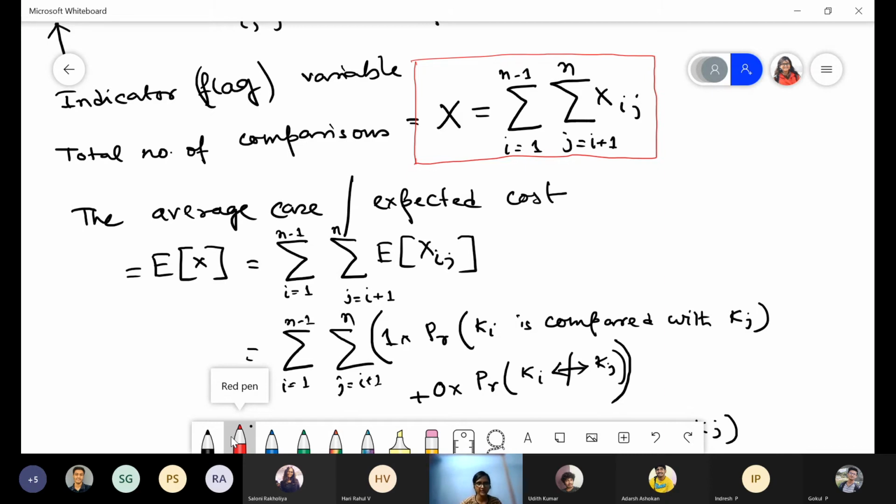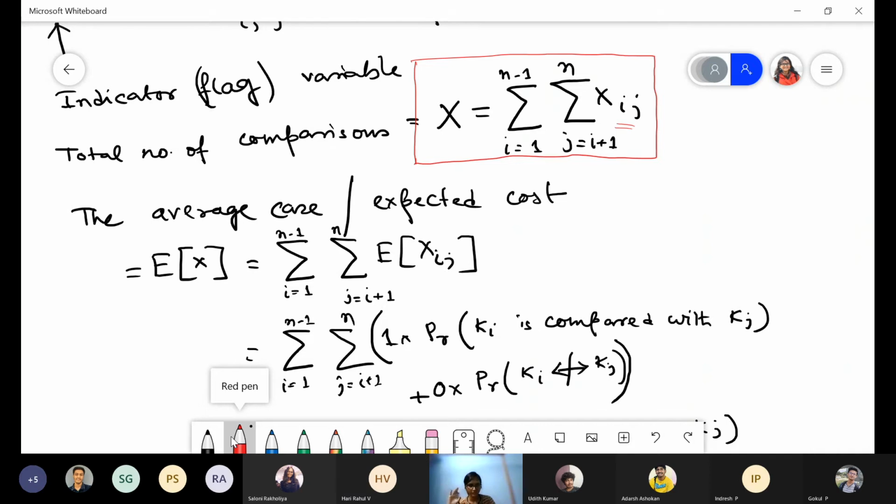Now, as Xij is a random variable, we have taken a random distribution of inputs. So we have to take the expected value for the random distribution. That expected value implies that we are considering all possible partitioning over all possible distributions of inputs.